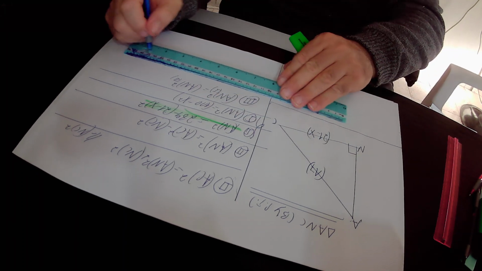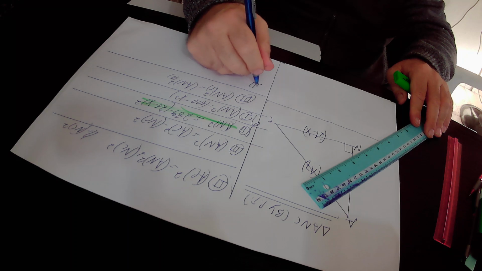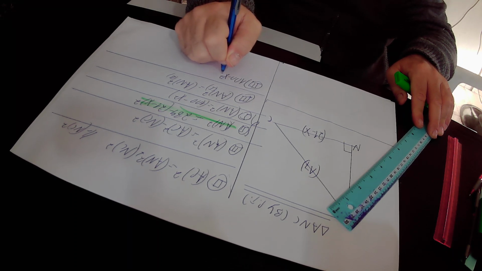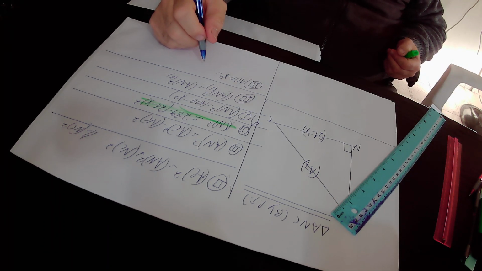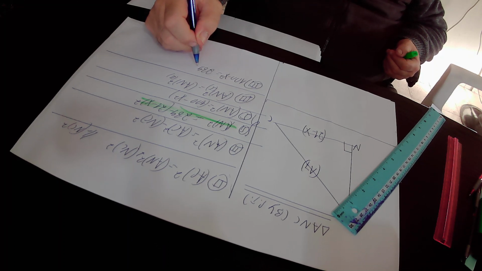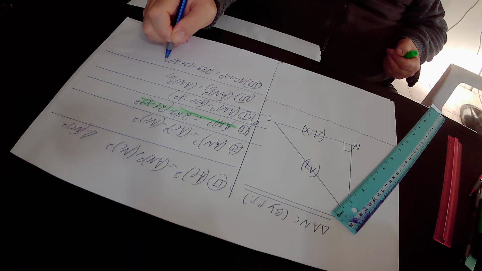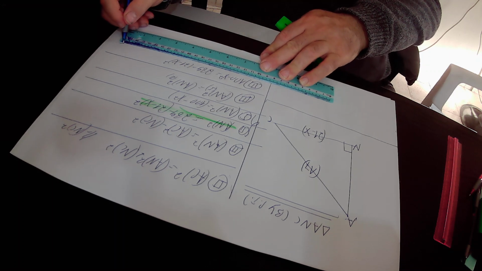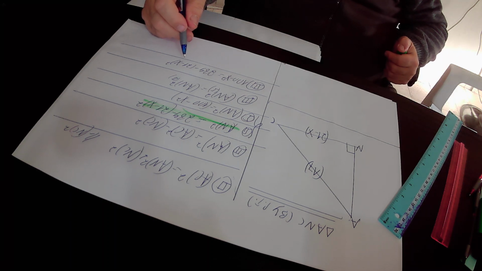So 100 minus x square equals 289 minus (21 minus x) square.